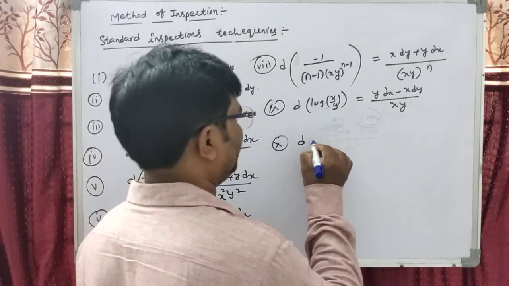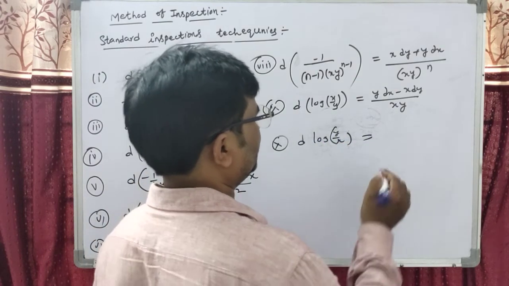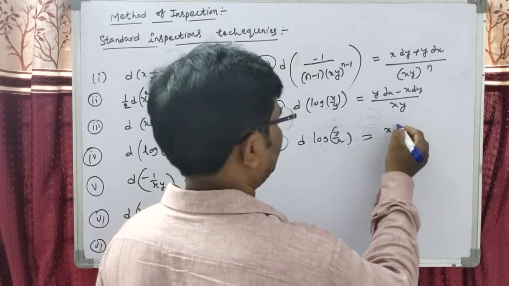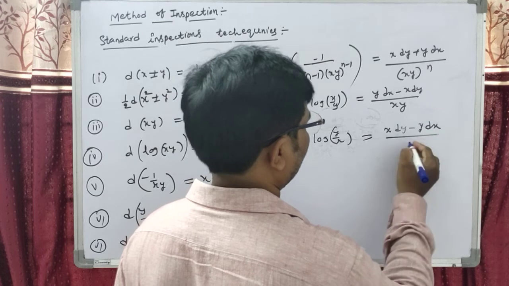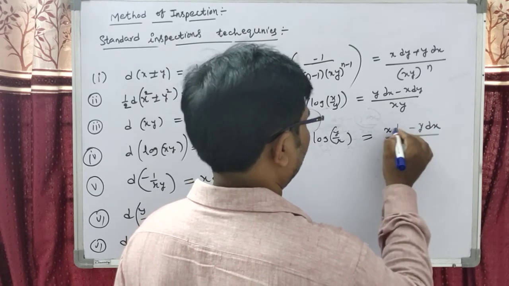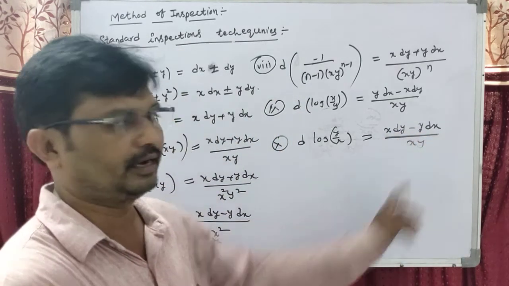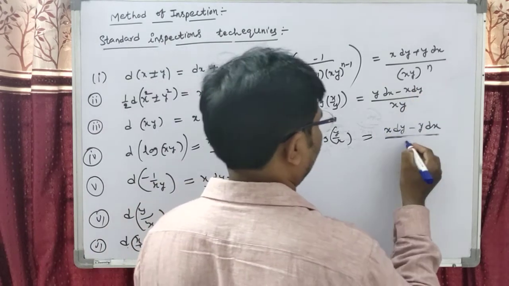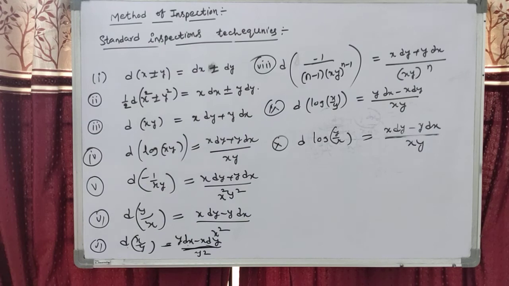Suppose we have the derivative of log of y by x. Dear students, you can write x into dy minus y into dx upon xy. Undoubtedly you can write that directly, that will be the derivative of log of y by x, which is x dy minus y dx by xy.